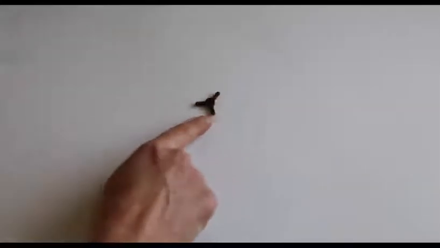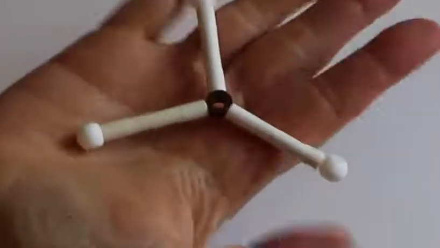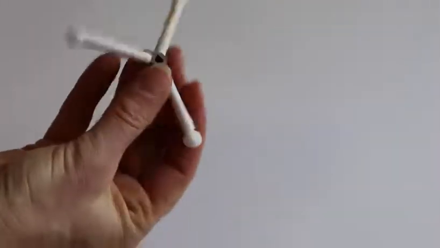But what about our exceptions to the octet rule? This is a representation of boron. You see it has 3 places to make bonds. We know that boron only wants to make 3 bonds because it wants 6 electrons instead of the 8. It is an exception. So when we bond boron, we make something that looks like this. This is boron trihydride. And this is a different molecular model kit than this one.